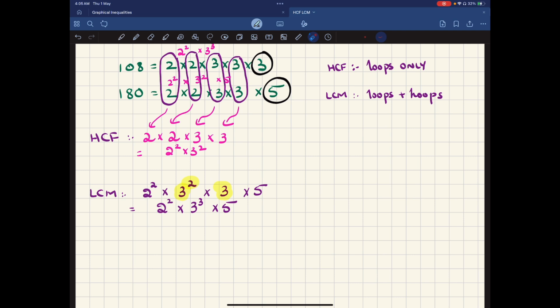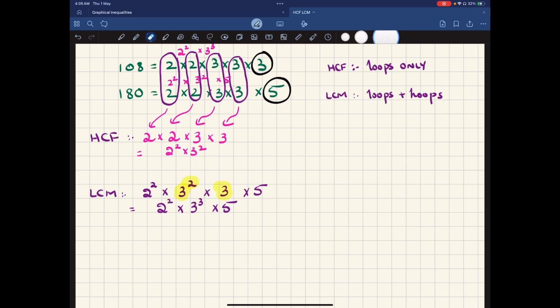Here 108 has 3 raised to the power 3, while 180 has 3 raised to the power 2. So for HCF, we are always going to take the lowest power of the common prime factors, okay? While for LCM, we take the highest power of each prime factor that appears. So in case of 2, the power is same, so it's 2 square. Now let's compare 3. 3 is raised to the power 3 for 108, and here it's raised to the power 2. For HCF, we always take the lowest power of the factor. For LCM, we take the highest power of each factor.